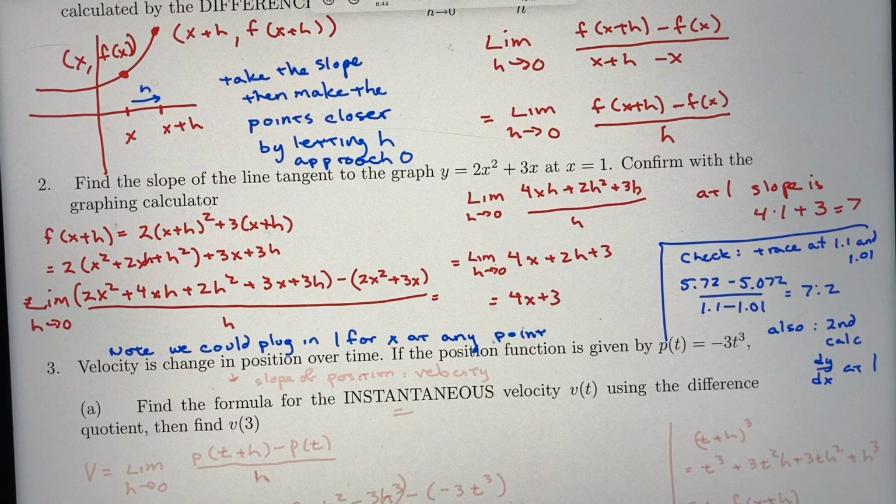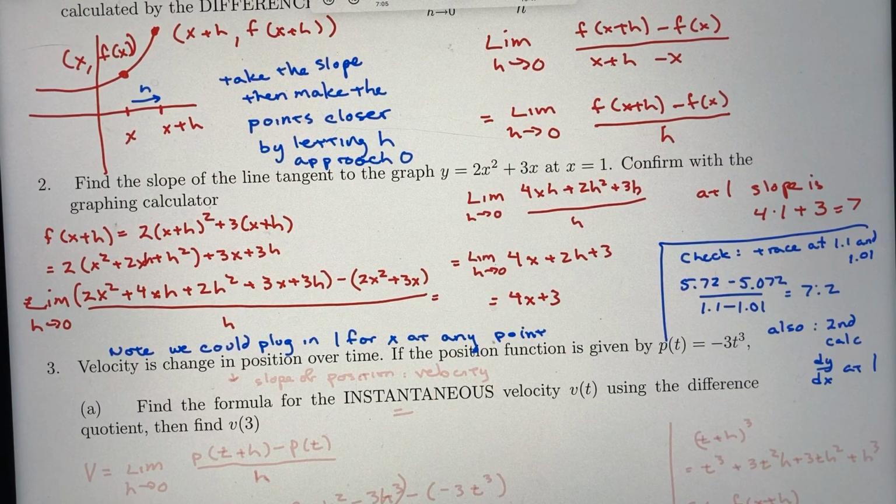So you may see it without any x's at all sometimes if they're just trying to find the slope at a single point. I like to do x at the end because you will find out very soon that 4x plus 3, the derivative of 2x squared plus 3x, is fairly easy to find fast.